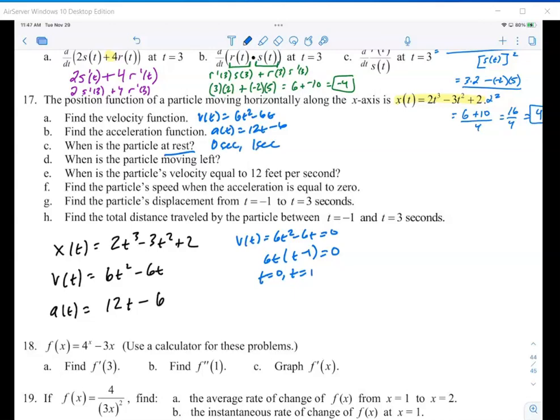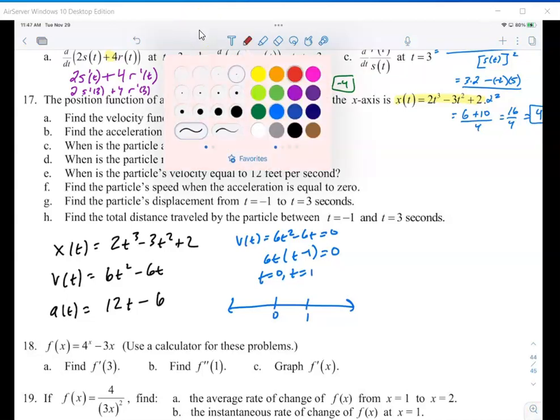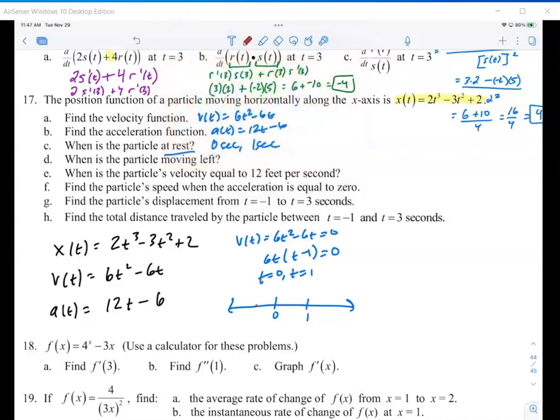Okay? When's the particle moving left? Well, I'm going to do a sign line graph. Anything less than 0, like negative 1, when I plug it in, 6 times negative 1 is negative, negative 1 minus 1 is negative, negative times negative is positive. Between 0 and 1, if I plug in a half, 6 times a half is positive, a half minus 1 is negative, so it's negative.